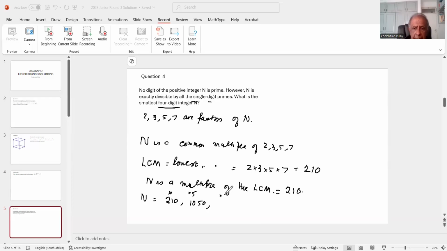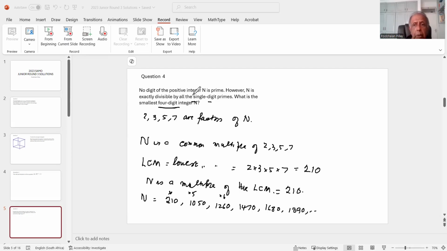And if you multiply it by 6, you get 1260. So the possible values for n are multiplied by 7, multiplied by 8, multiplied by 9. When you work all these things out, these are the numbers that you get.